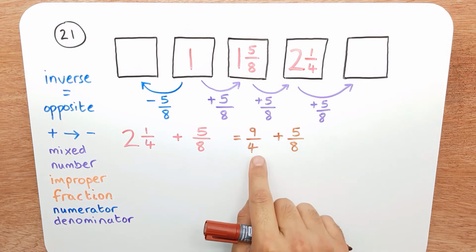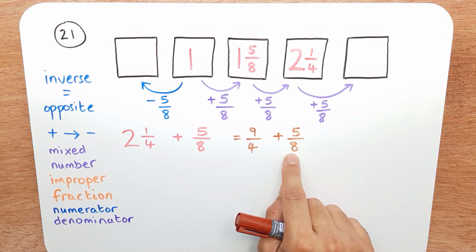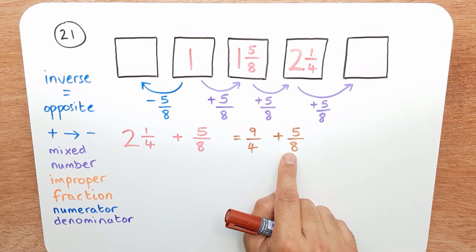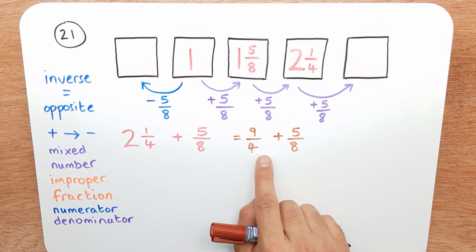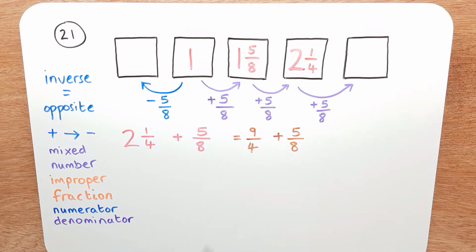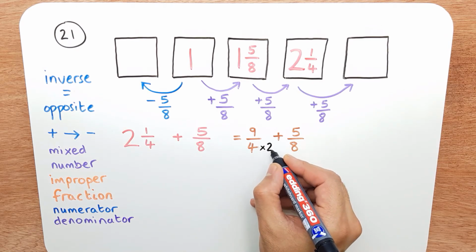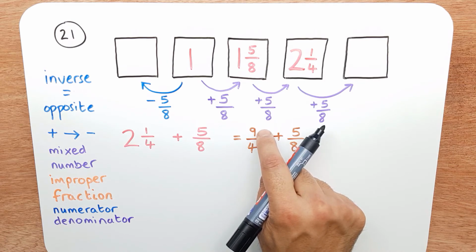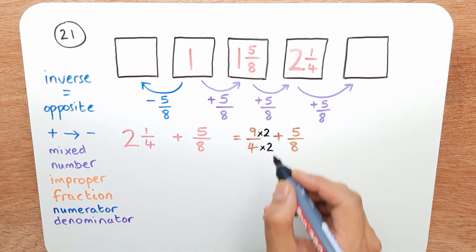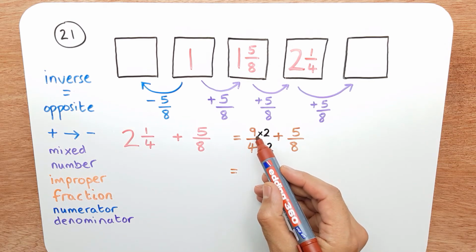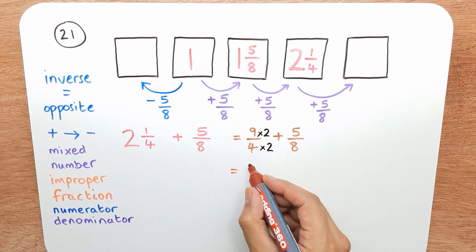Plus 5/8. Now if you notice, my denominators, the numbers at the bottom, are different. And my next step is to make them the same. Now I can see straight away that I can turn 4 into an 8 by simply multiplying by 2. And whatever I do to the denominator or the bottom number, I have to do to the numerator or the top number. So let me write that fraction here. So now I have 9 times 2, which is 18.